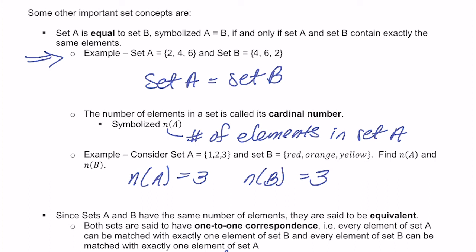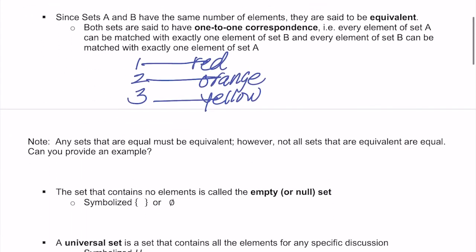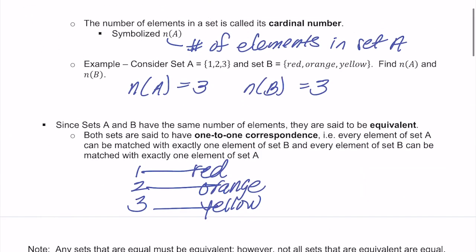So try to think of an example, and feel free to pause the video at any time. An example that you could come up with is, in that second example, set A had the numbers 1, 2, and 3, and set B was red, orange, and yellow. Those two sets are equivalent to each other because they have the same number of elements, but they're not equal because they don't have the same elements.